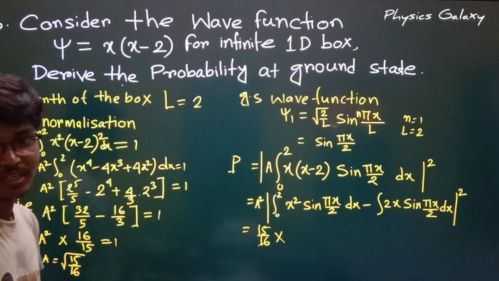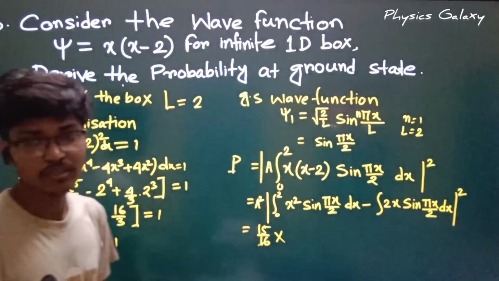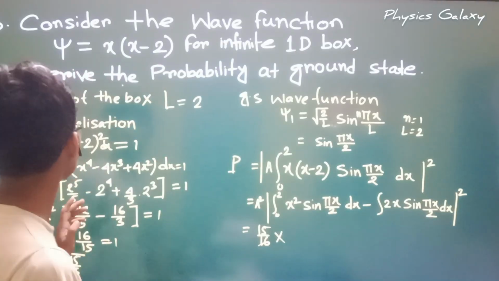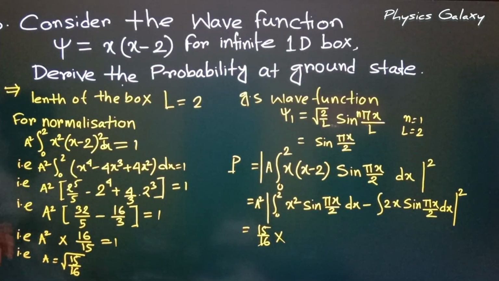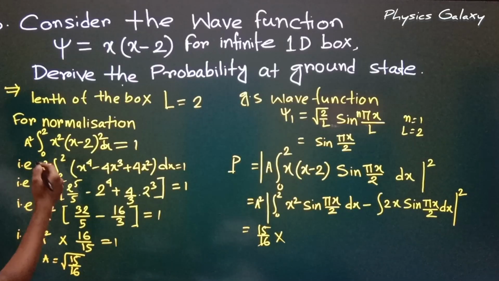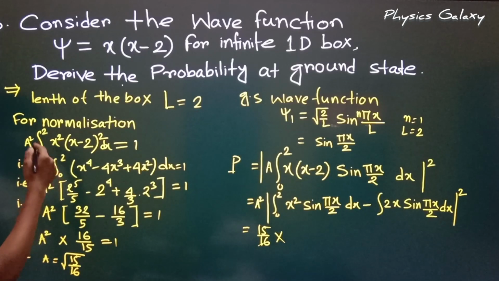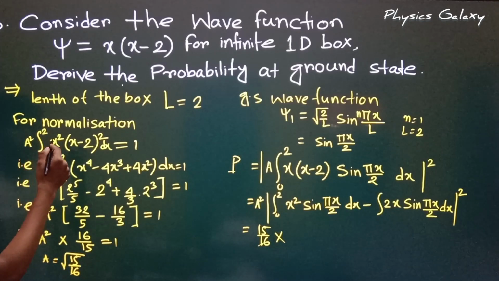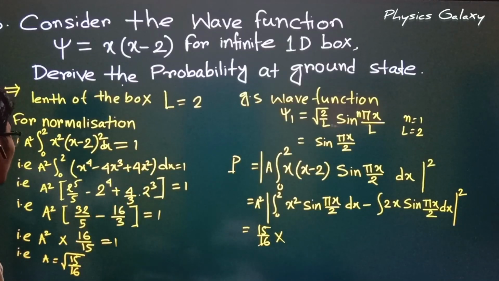Then one professor asked me to derive the probability in the ground state for this wave function. So we first have to normalize this wave function. For this I went through a simple normalization process: A squared times the integral from 0 to 2 of x squared into x minus 2 whole squared dx equals 1.